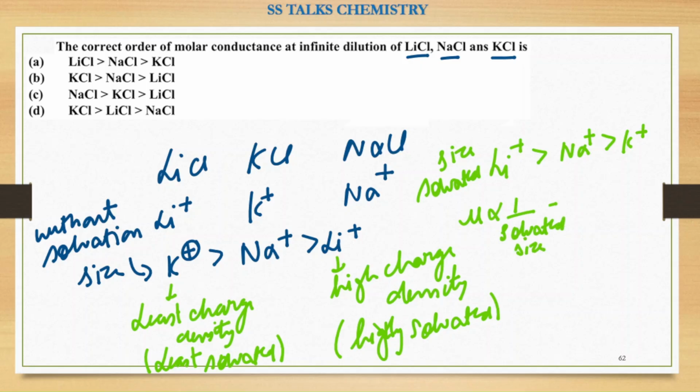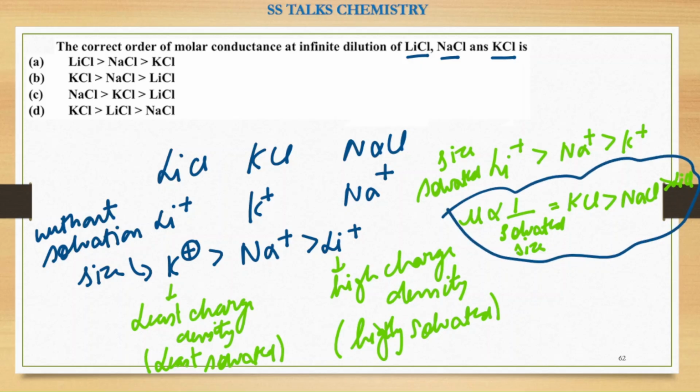That means potassium chloride is going to have the maximum, followed by sodium chloride, and the least for lithium chloride, right? So this is the order for the conductivity of these electrolyte solutions: potassium chloride, sodium chloride, and then lithium chloride, which is given to us in option B.